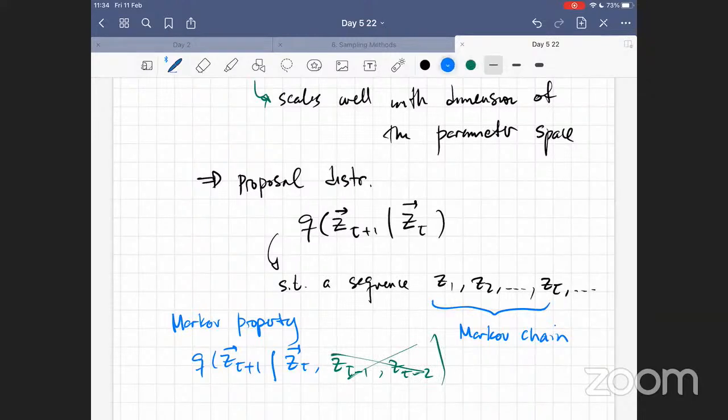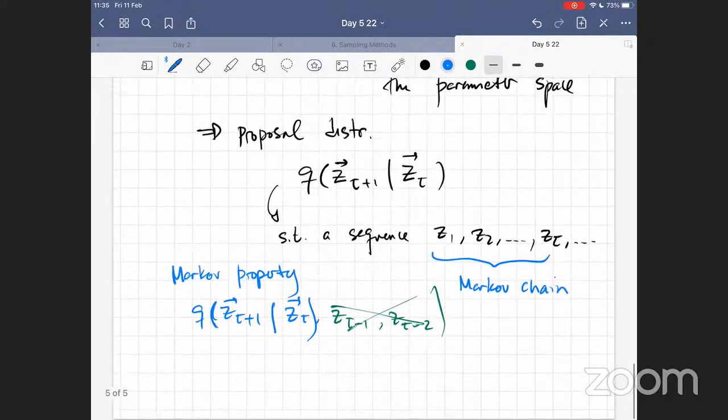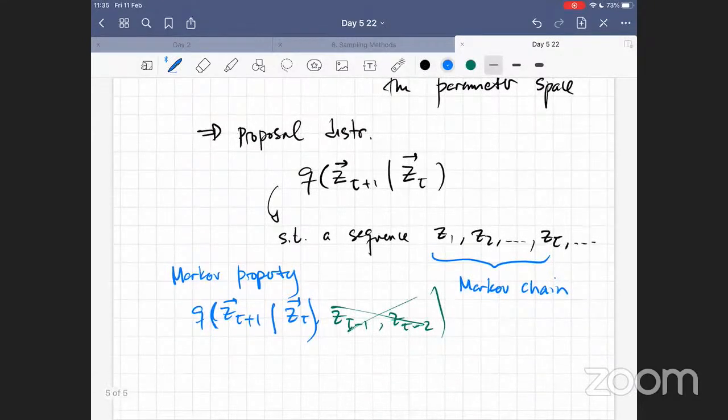It only depends on the previous step. And this is the definition of a first order Markov process, let's say.